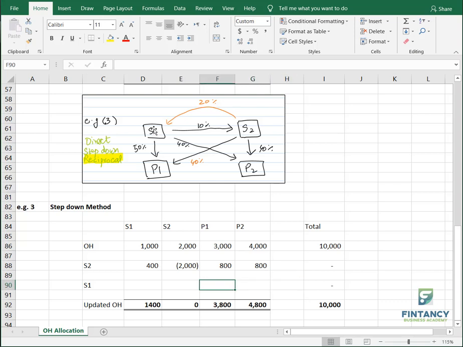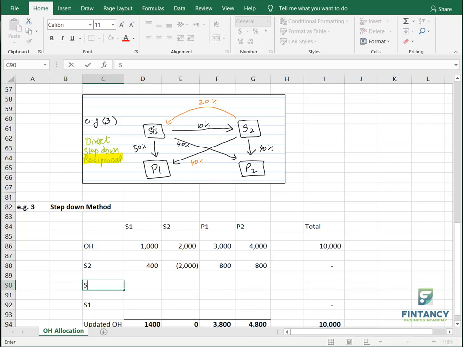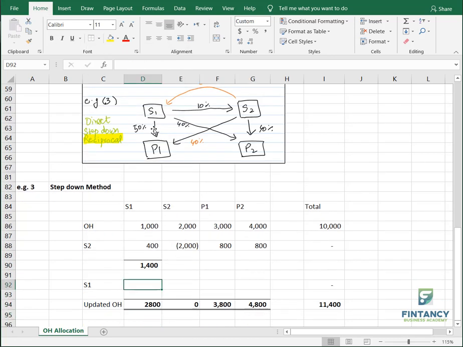What does that mean? It means that my S1 updated figure is how much now? 1400, right or not? So the point here is when I will allocate this 1400, I cannot allocate back to S2.